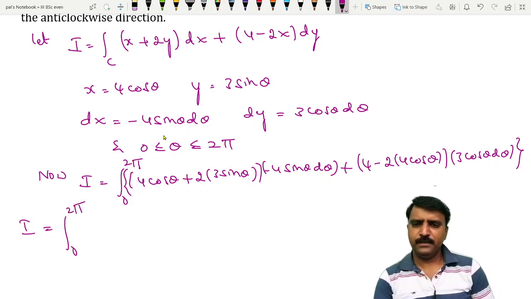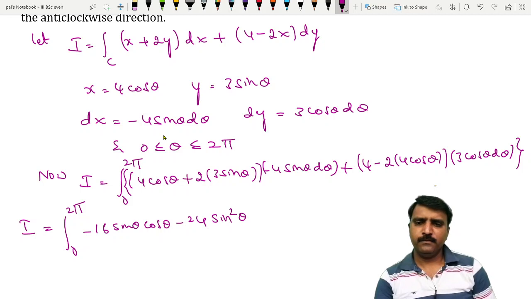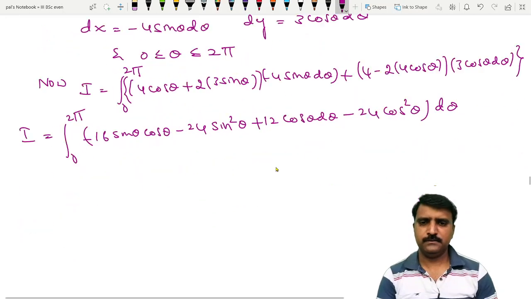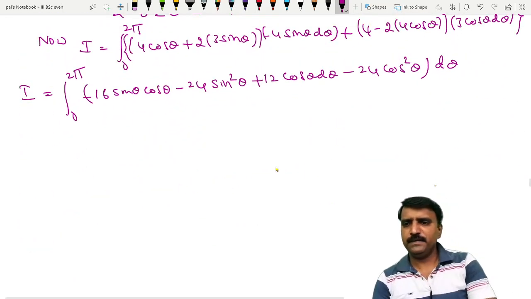Simplifying this part: minus 4 sin theta into 4 cos theta is minus 16 sin theta cos theta. 3 2s are 6, 6 4s are 24, minus 24 sin theta into sin theta is sin square theta, plus 4 3s are 12, 12 cos theta d theta, and this is minus 4 2s are 8, 8 3s are 24 cos square theta. Yeah, next step is simplifying this.